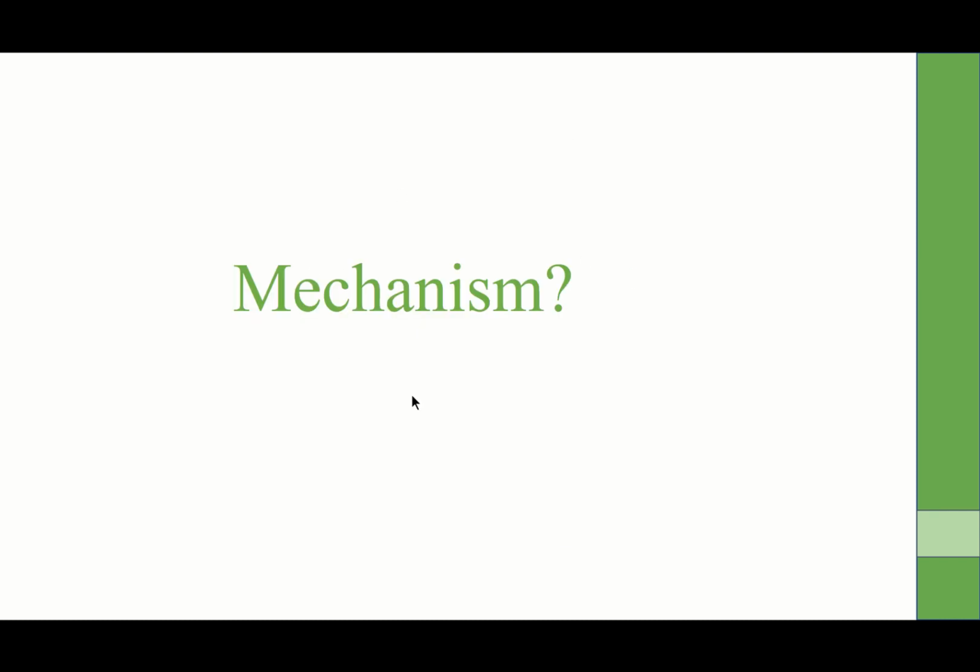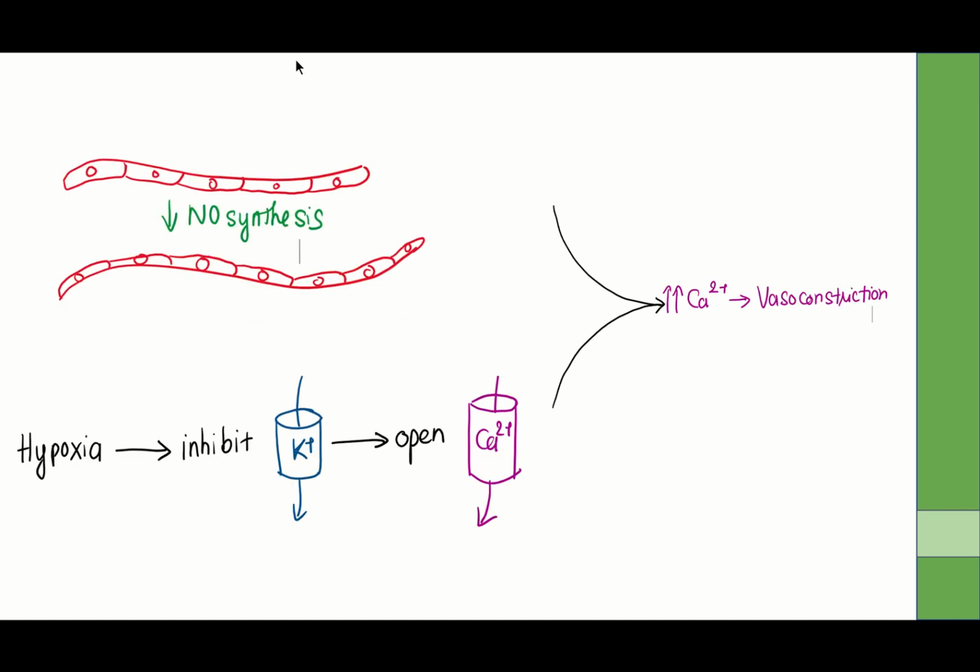Okay, so what's the mechanism behind this concept? It's very easy, but actually there is no evidence about what the main mechanism behind this concept is, but there are some theories.